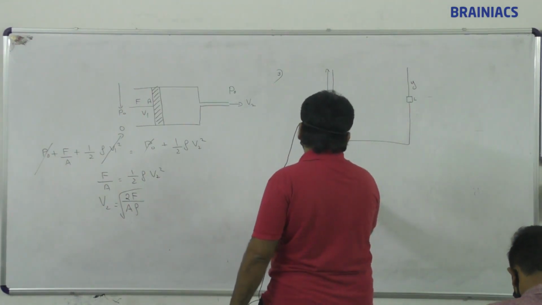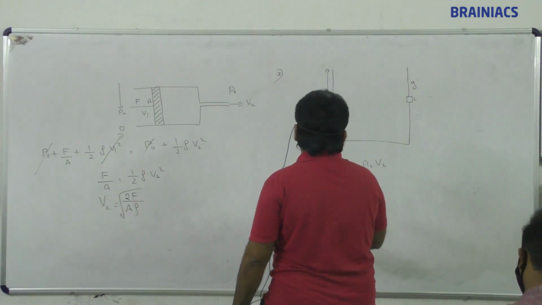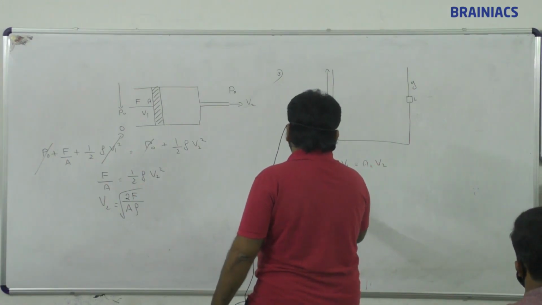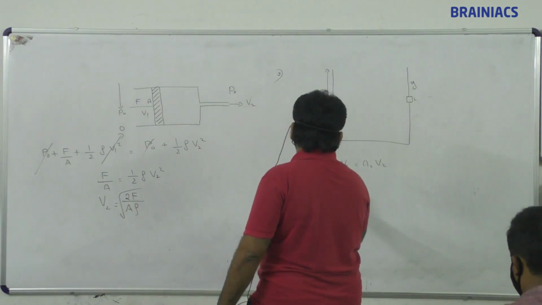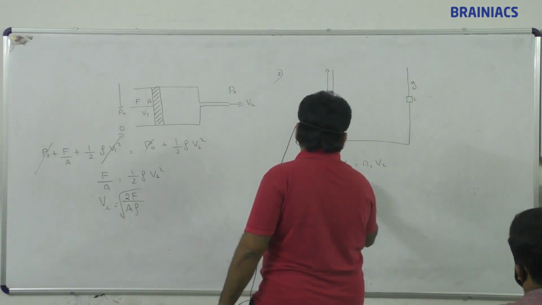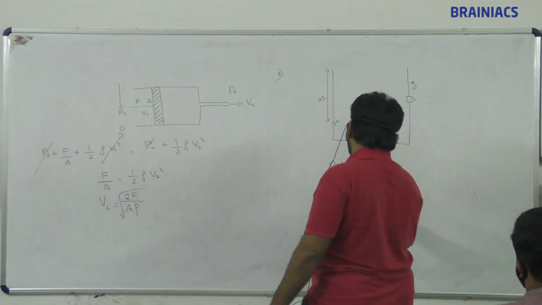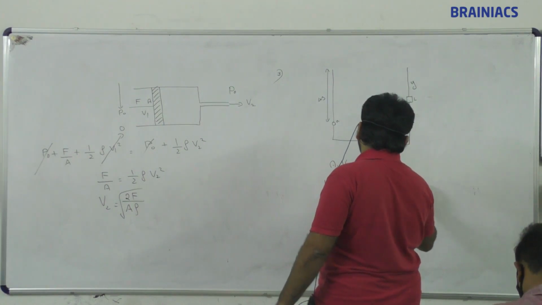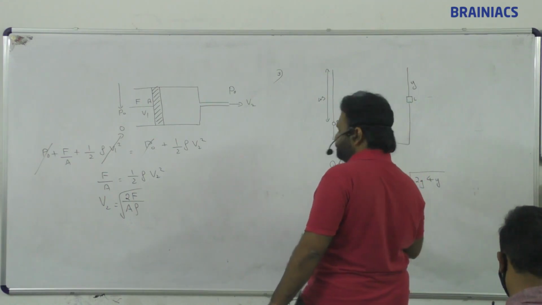So can we write A1 V1 is equal to A2 V2? So suppose if this is A1, can we write this is L square into root 2G, what is the H here? Y. And this is going to be pi R square into root 2G, what? 4Y.